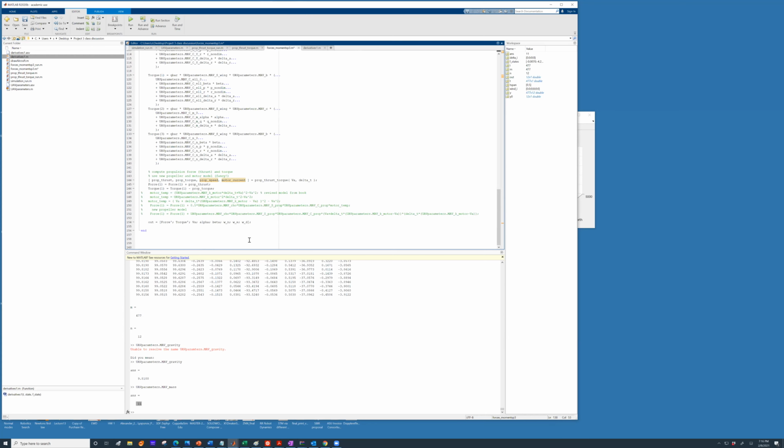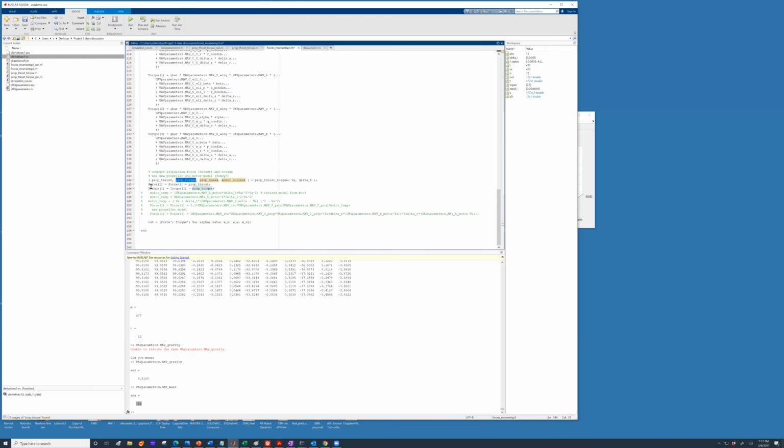And last but not least, there is another function, which is prop thrust torque. The input to prop thrust torque is VA, and the voltage and thrust input. And the output of prop thrust torque is prop thrust, prop torque, prop speed, and motor current.